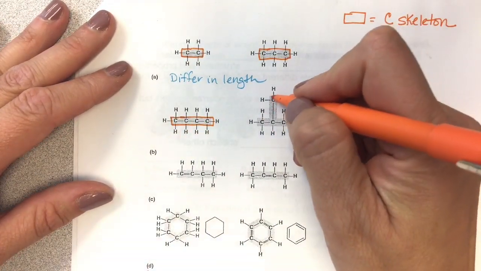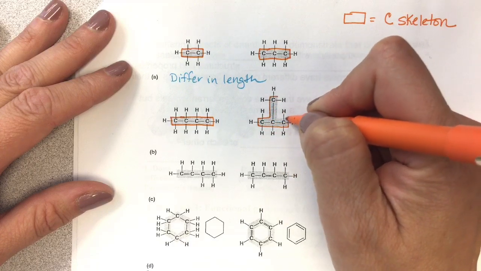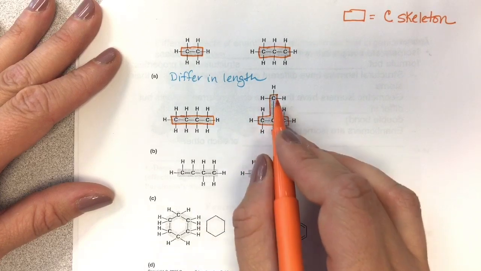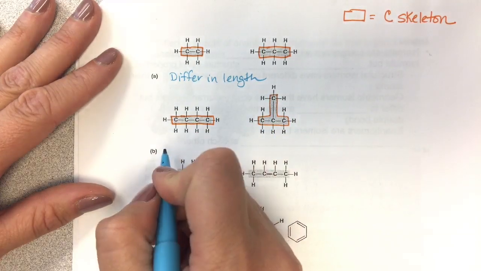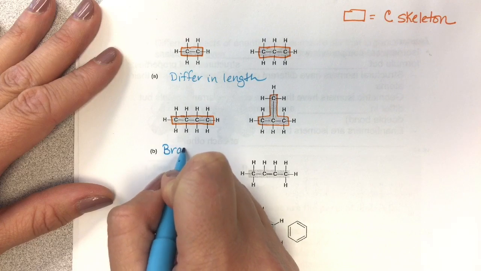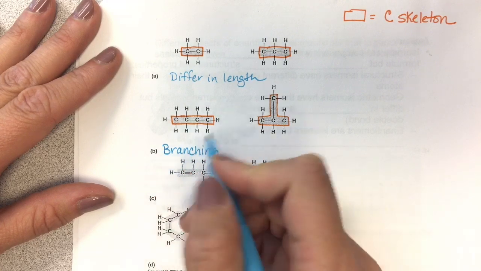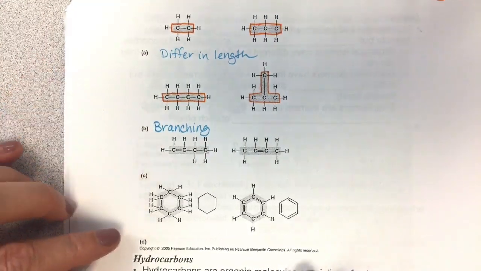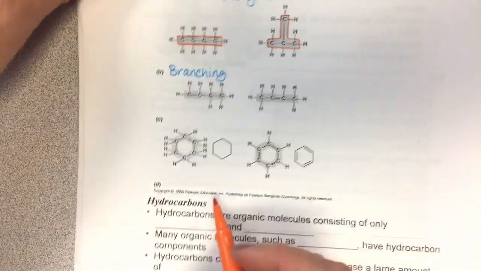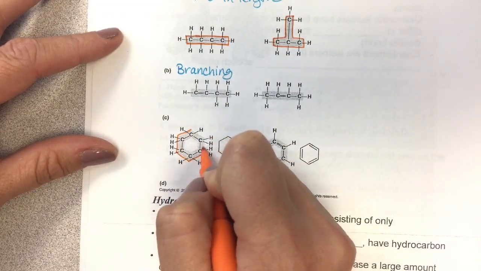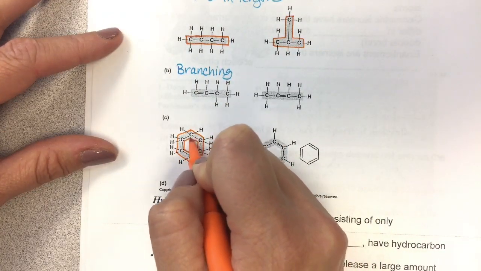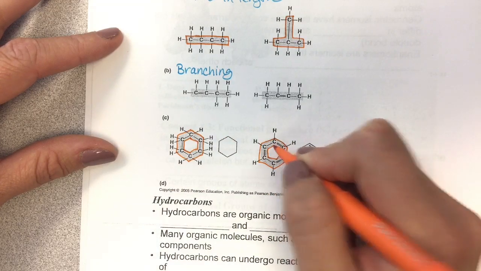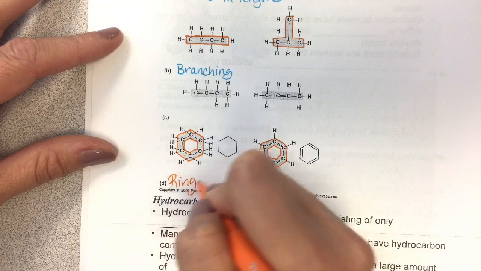And notice the shape: this is linear, and we call this branching. So let's write here that these are branching. Linear versus branching, so sometimes you can get that. And in the next one, look here, the carbon skeleton is in a ring. So let's write this in rings.